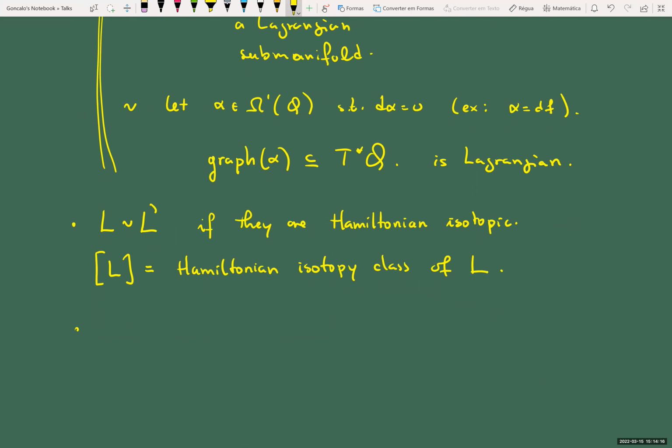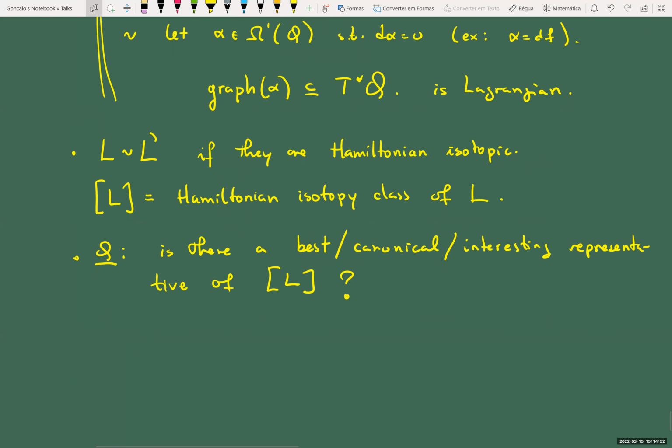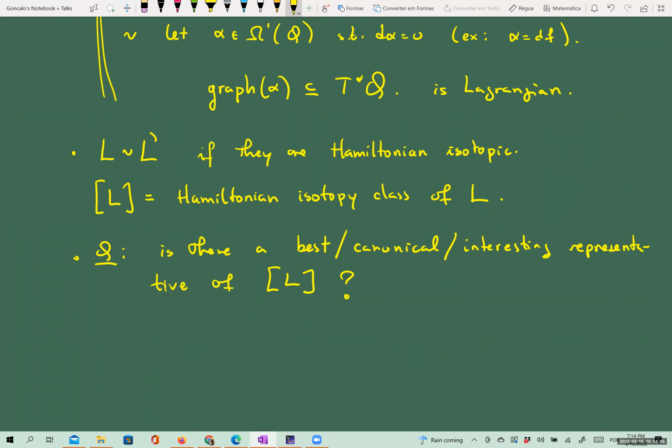And the natural question that appears is whether there is a best, or canonical, or even just interesting representative, so it's a very vague question, of a given equivalence class. So if I give you this equivalence class, can you find a very canonical or very interesting representative of it? Okay, so that's the main question that this talk will be concerned with.